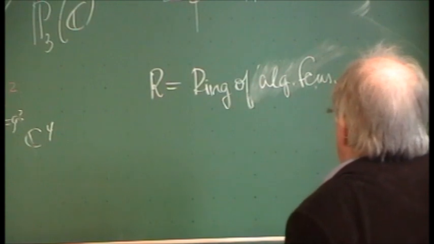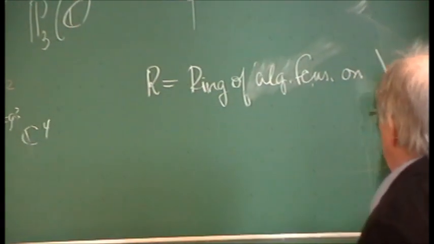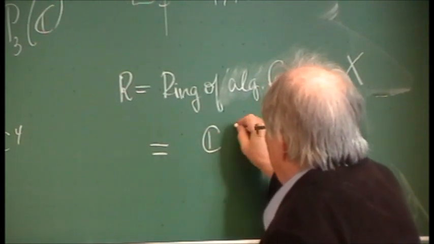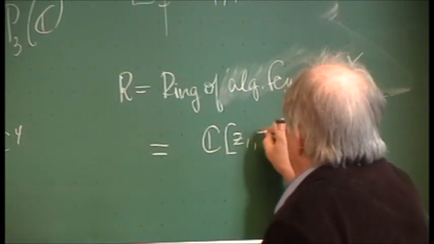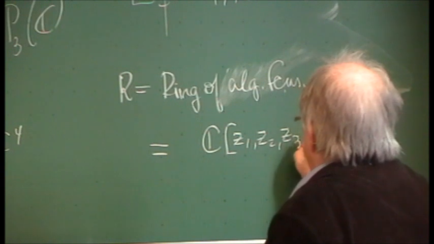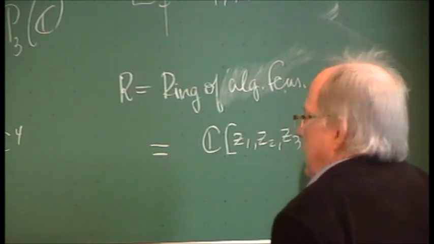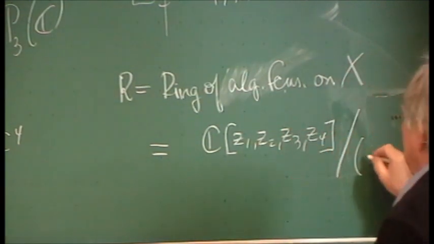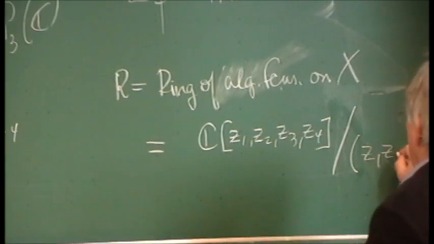On the cone X, it is the polynomial ring in 4 variables modulo the ideal of functions that vanish on the cone. So it's just simply what I wrote down.